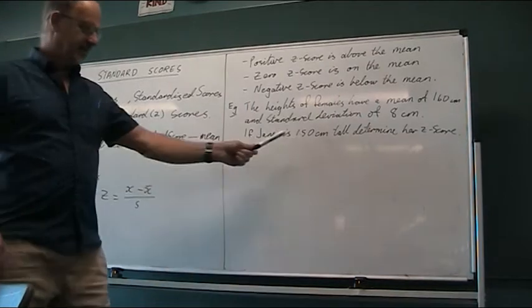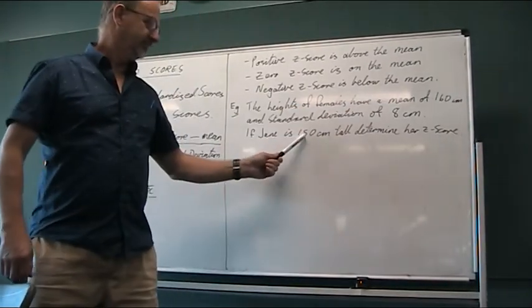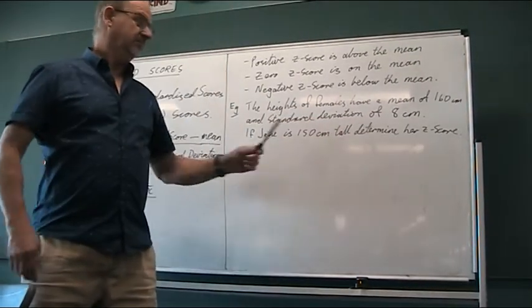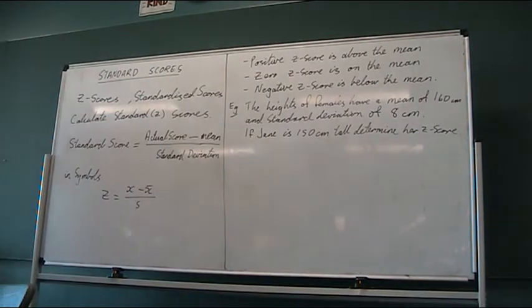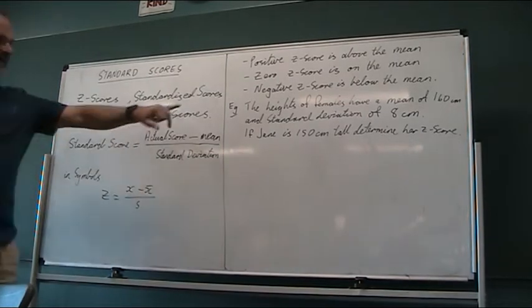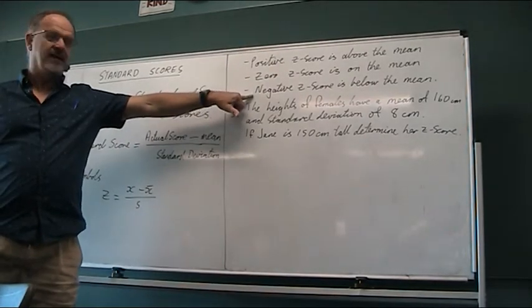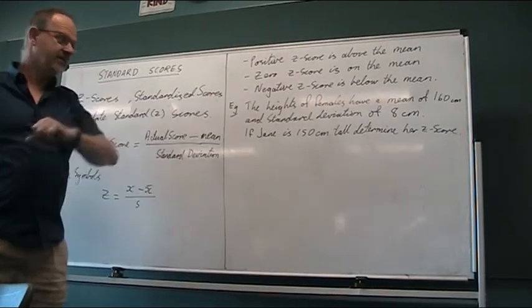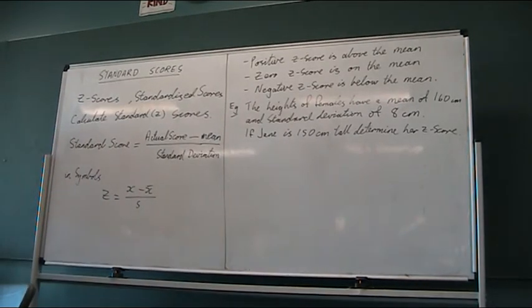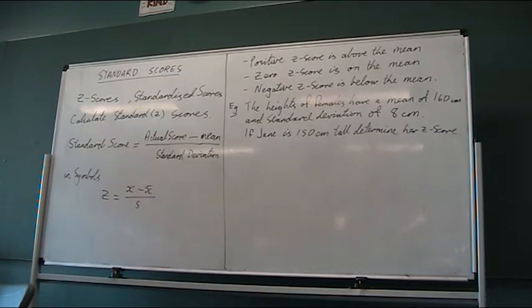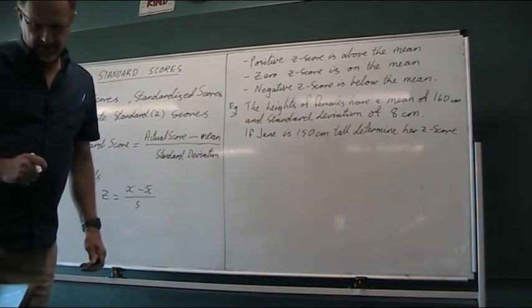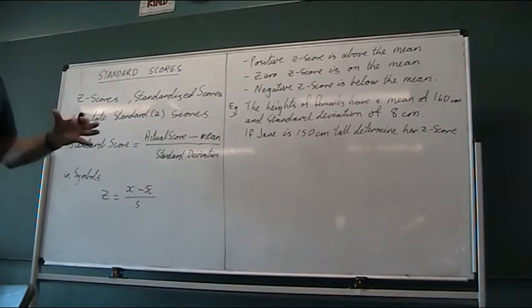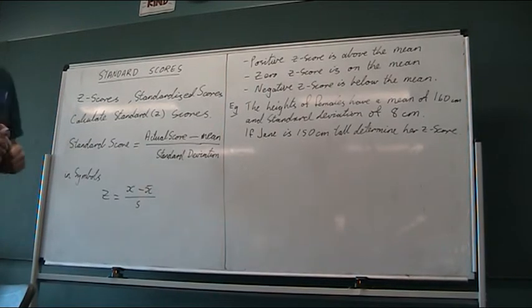We can already see by just looking at Jane that she's lower than the mean, so we would be expecting to get a negative Z score because she's shorter than the 160, which is the mean. But the score will then give us an indication of how far below that mean she is.